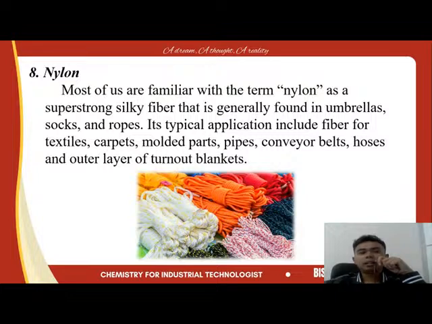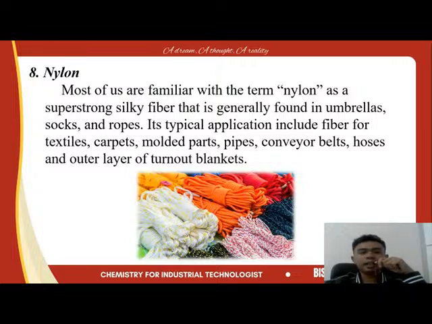Di ba atong nahibawan sa nylon mostly kay mura na siyang pisi, kanang pisi bitaw sa tugot sa tabanog. So when we say nylon, dili ra na siya gato. It is a super strong silky fiber. Pwede siya makitaan sa mga textile, carpets, molded parts, pipes, conveyor belts, and many more.